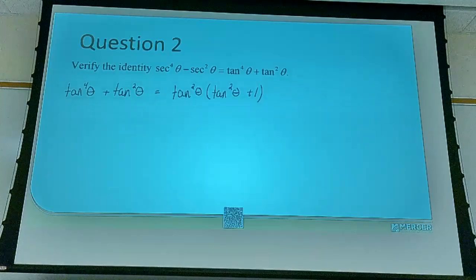Is there an identity that relates tangent to secant? Tangent to secant. There is one.